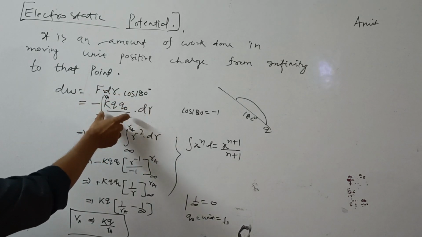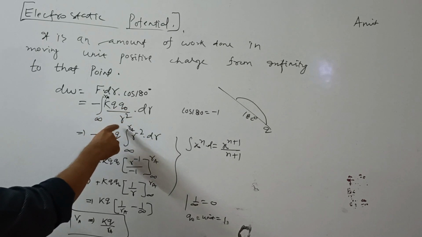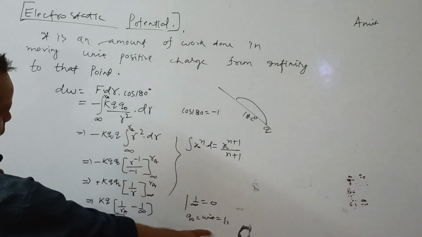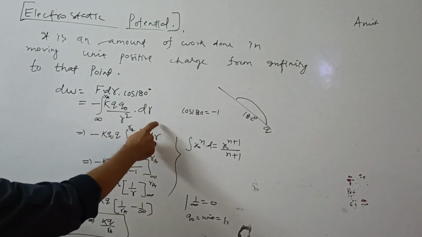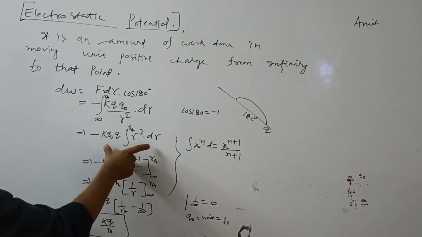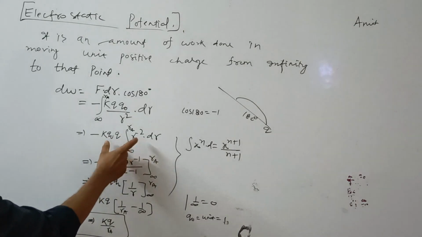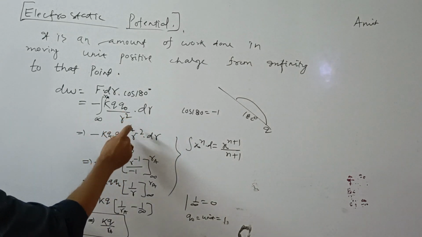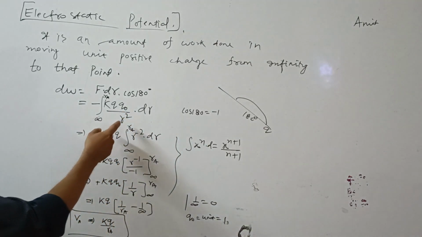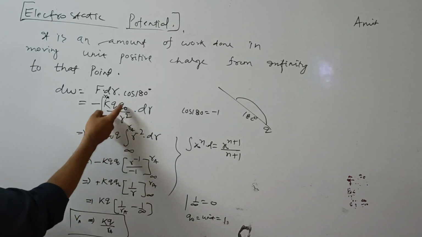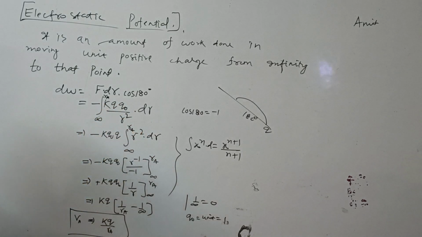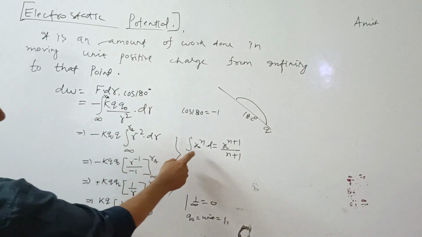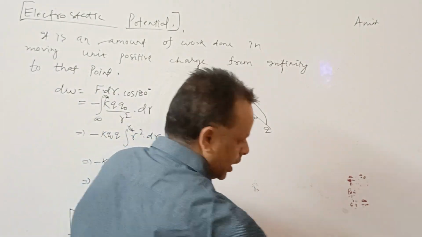Force using Coulomb's law is K Q1 Q2 upon R square, and over here Q2 is Q naught, that is unit charge 1, and displacement is delta R. We integrate it with respect to R, so this R square goes to the numerator and becomes R to the power minus 2.